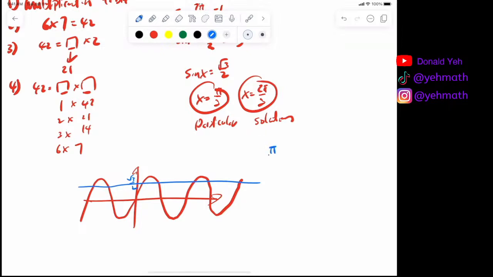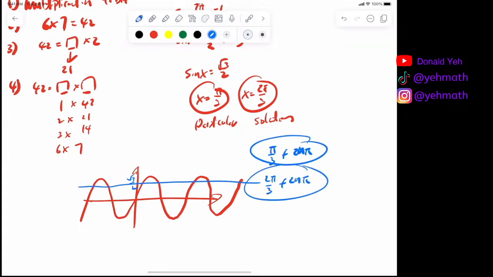So that should be pi over 3 plus the periods, because each period is going to create a new set of solutions. The period is going to be 2n pi. And 2 pi over 3 plus 2n pi. And that would be the answer for this one. And this is called the general solution. And you're done.